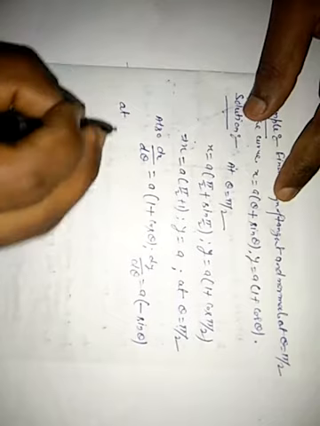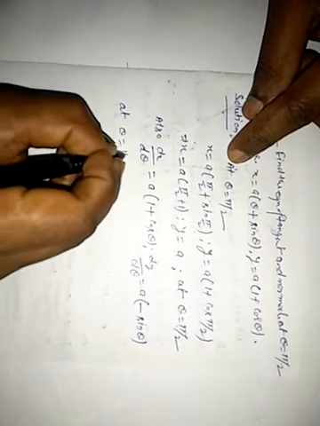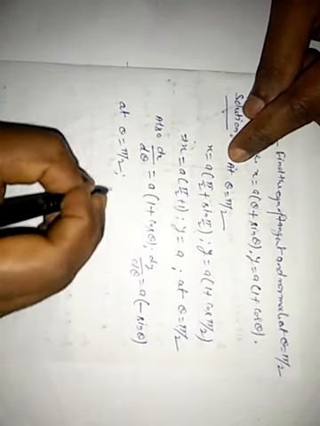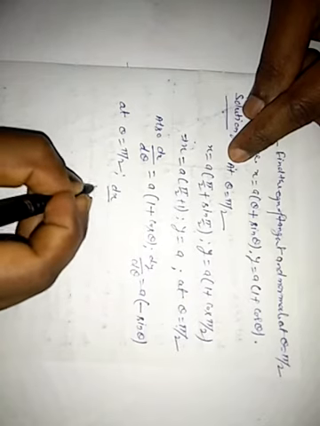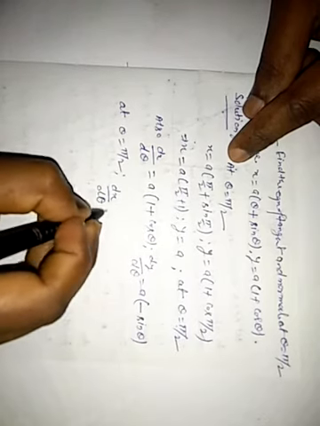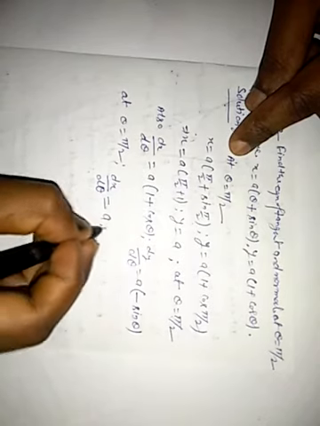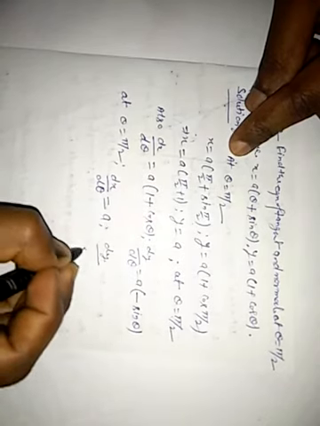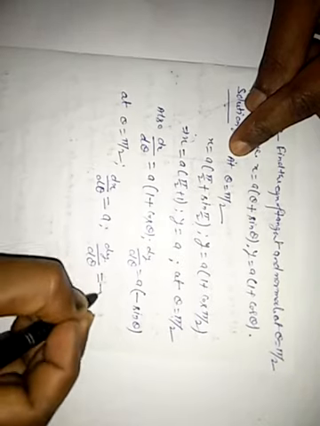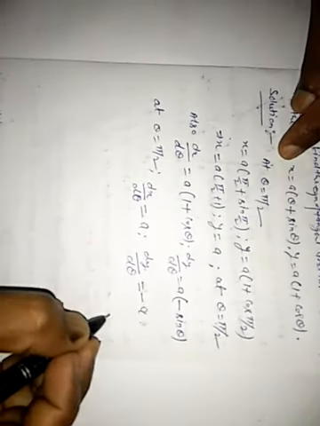At theta equal to pi by 2, dx upon d theta is equal to a, since cos theta is 0, and dy upon d theta is equal to minus a.